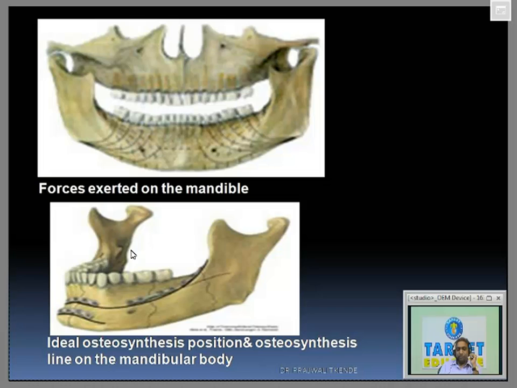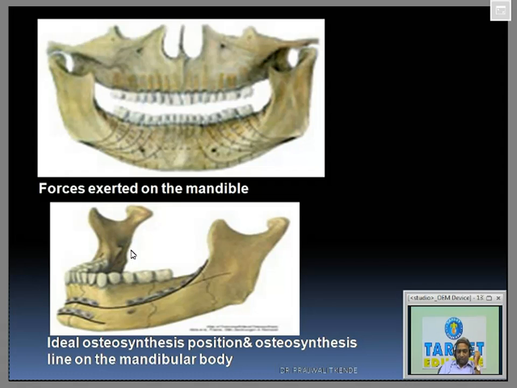Now there was one fellow who was called Champy. What he did was he did some research on where both these stresses are equal on the mandible, the compressive stresses and the tensile stresses. Then he found out some points on the mandible like this.